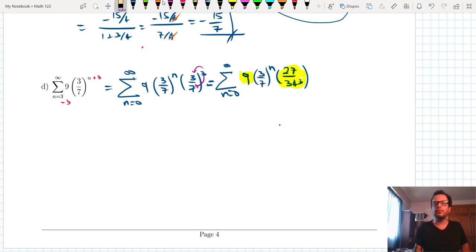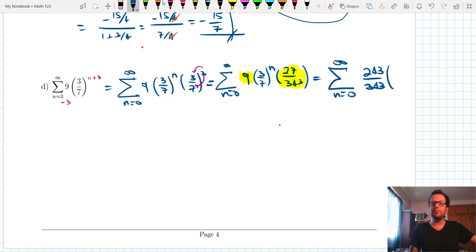So this will be 9 times 27, I get 243. 243 divided by 343 times 3/7 to the nth power. And in this case, we finally have this ar^n that we wanted to obtain.